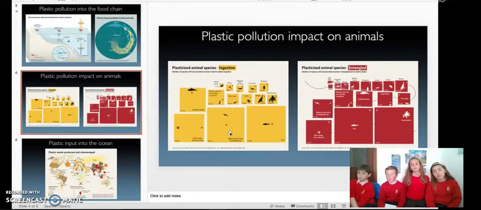But actually, they are not getting enough food into their system, and they die of starvation, which is excruciating. I think it's probably one of the worst ways in which an animal can die, because they die slowly, since they don't get enough energy into their system. So that's the two major ways: either by entanglement or by ingestion.